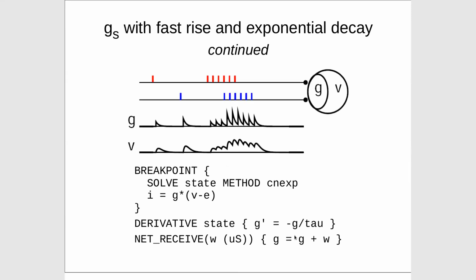Let's take a look at that. Here we have a synaptic mechanism attached to a postsynaptic cell, and we have 2 different afferent streams driving it. One afferent stream has a weak weight, a low value for weight. The times of the events on this stream are indicated by these red markers, okay?